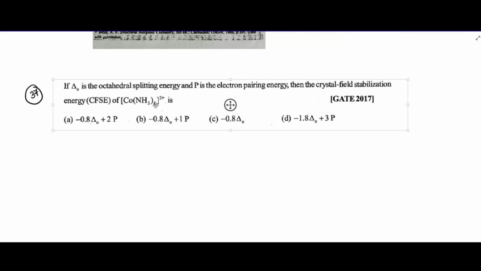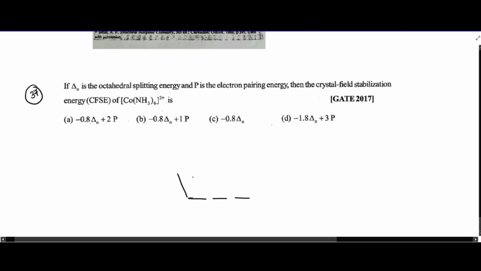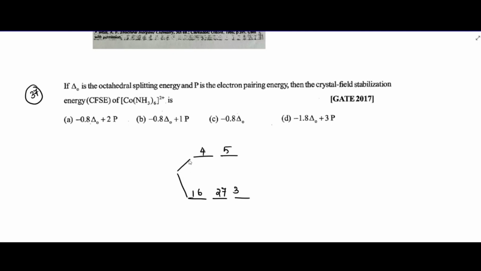So cobalt 2 plus NH3 6 system. This is a weak field again. So you have a d7 system. d7 system. So you have t2g eg weak field ligand. 1, 2, 3. എളുപ്പത്തില് മുകളിലോട്ട് 4, 5, 6, 7 ആയിട്ട് പോകാം. ഇവിടെ ആരും ഒരു ഇലക്ട്രോൺ പോലും ഫോഴ്സ് ചെയ്തിട്ടല്ല പെയർ അയക്കുന്നത്. It has been following the rules of maximum multiplicity. ആദ്യം എല്ലാം unpaired ആയിട്ട് തന്നെയാണ് പെയർ അയക്കുന്നത്.